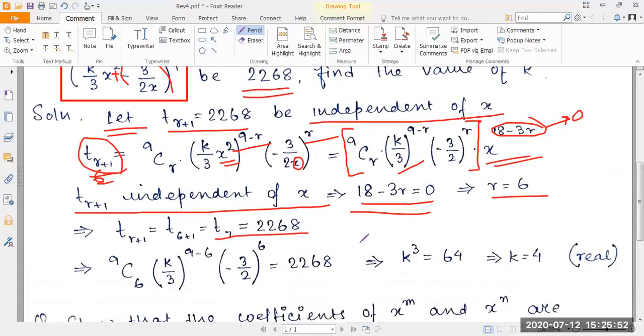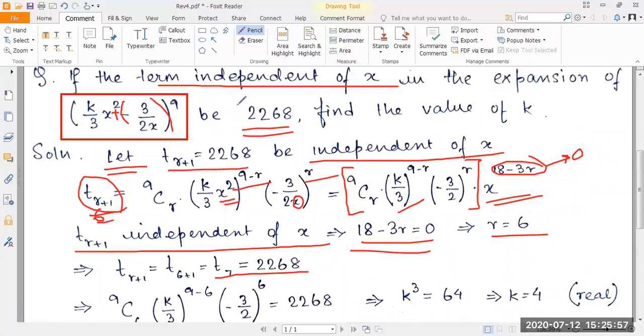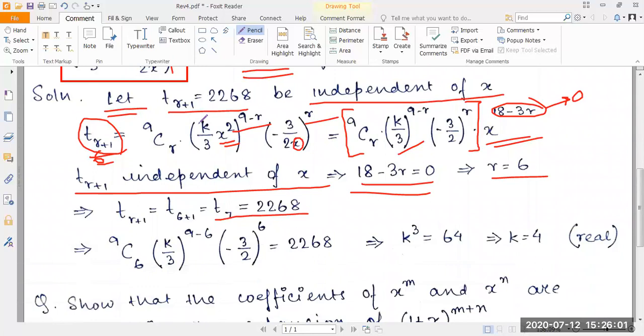Now I have the value of r, and I have the value of n from the expansion itself, because the exponent here was 9, so n is 9, and r is 6. So we can find nCr a to the power n minus r times the second term to the power r, and since the x part is independent, there's no x in this expression. We just put in the values and equate it with 2268.